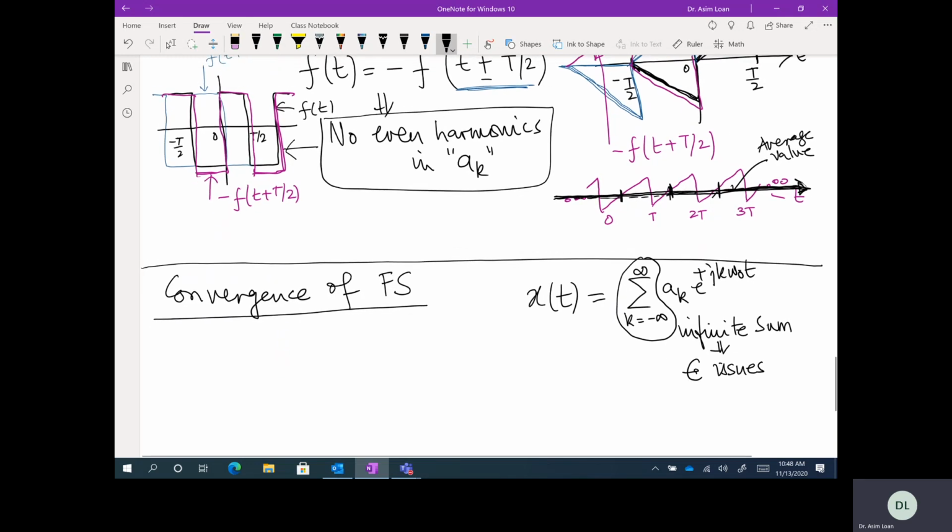So Fourier's claim was that any periodic signal can be represented by a Fourier series. This is why his theory wasn't accepted for a long time, mostly by Laplace and his peers.